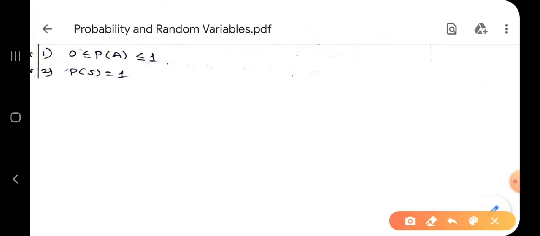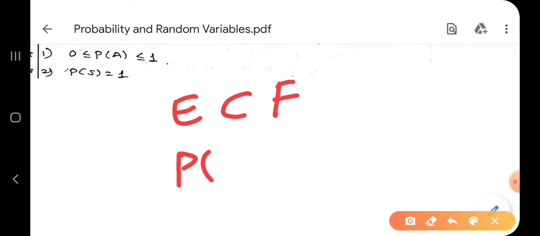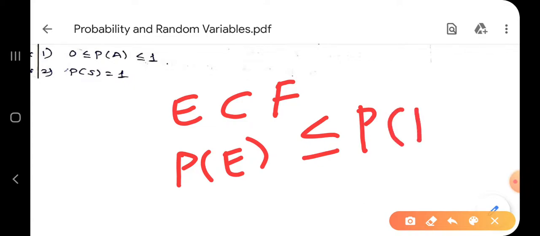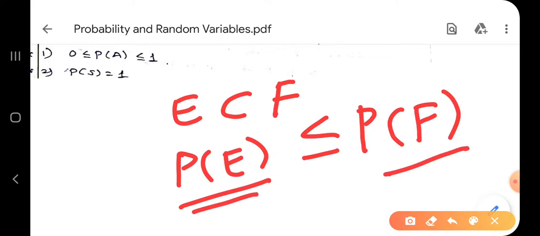Again, if I take a set E and it is a subset of F, then the probability of E is always less than or equal to the probability of F. If E is a subset of F, then P of E is less than or equal to P of F. Correct?